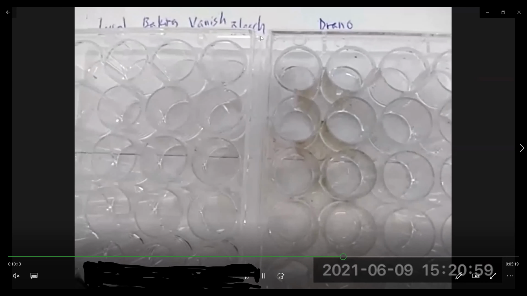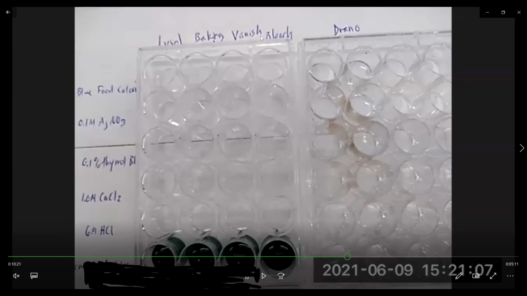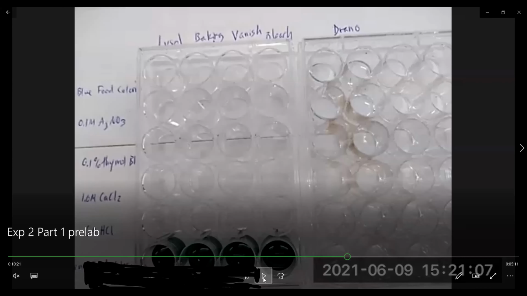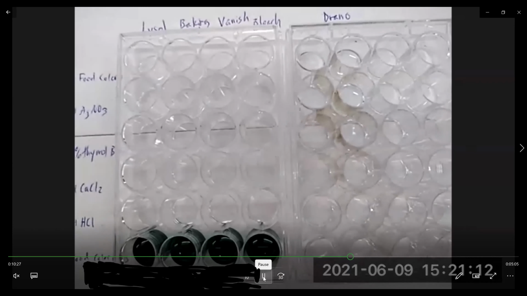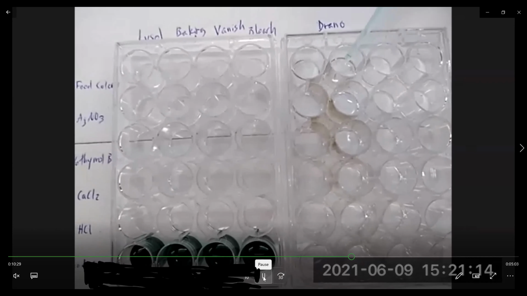So now we're going to add calcium chloride, I believe. So first we're going to add blue food coloring, then silver nitrate, then Thymol Blue, calcium chloride, and then of course HCl.